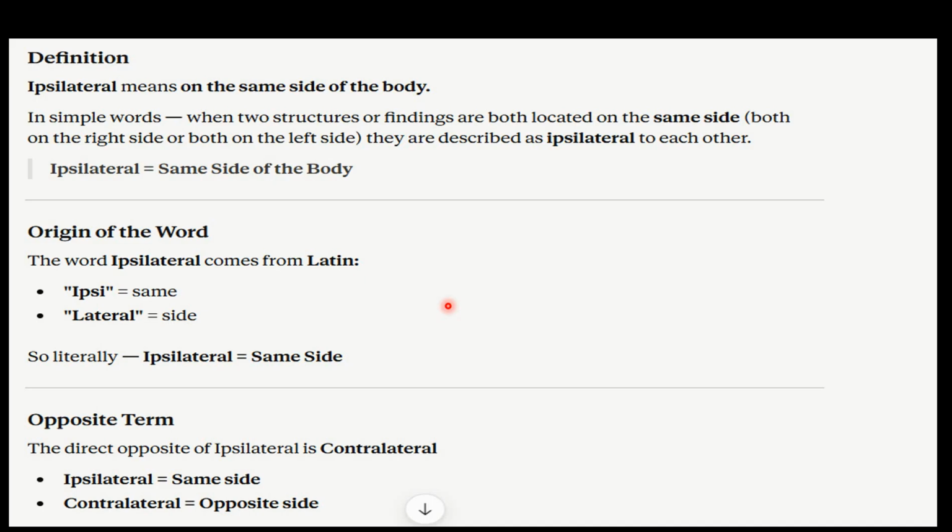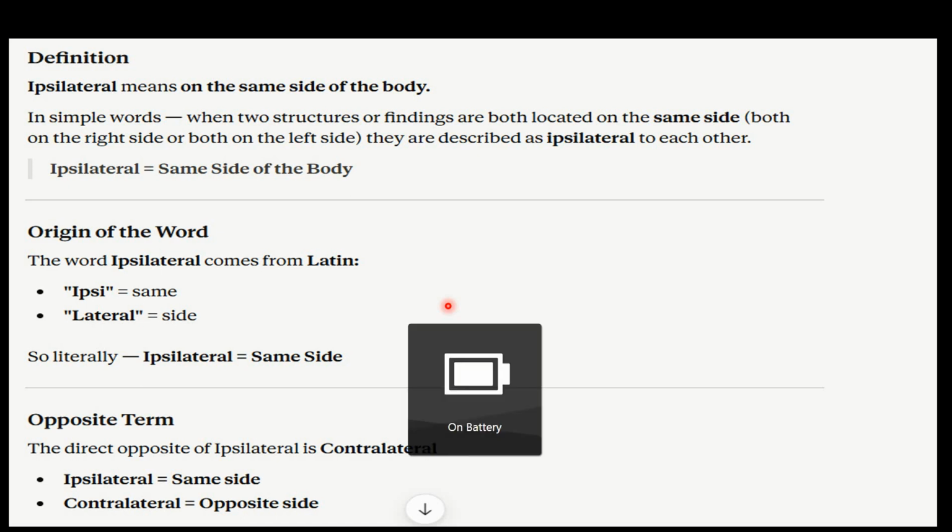Firstly, we will start with the definition itself: what is ipsilateral? Ipsilateral means on the same side of the body. In simple terms, when two structures or findings are both located on the same side, both on the right side or both on the left side, they are described as ipsilateral to each other.